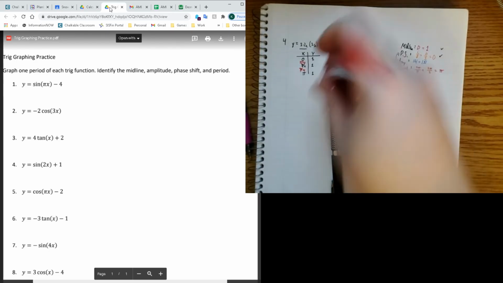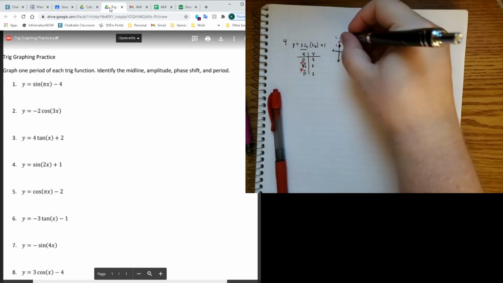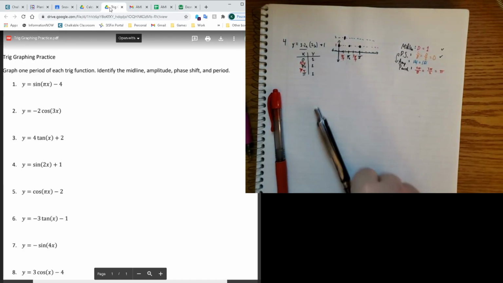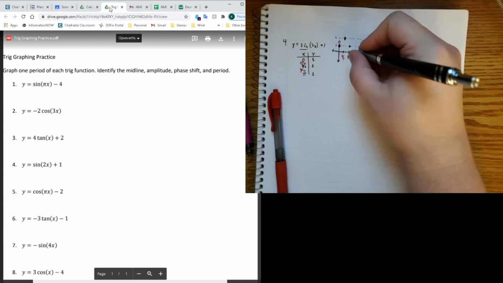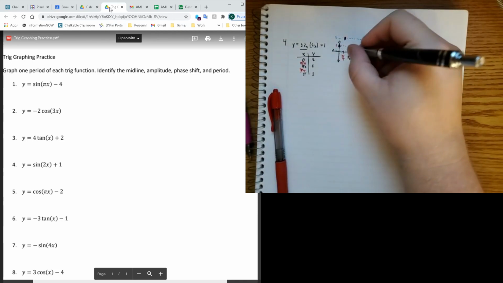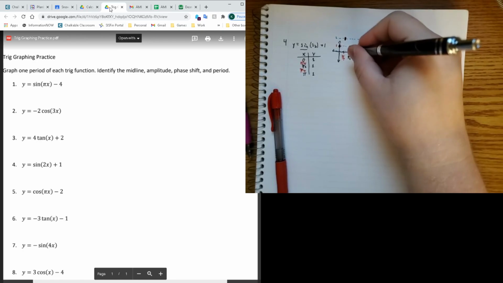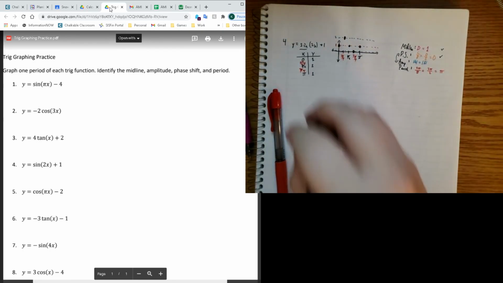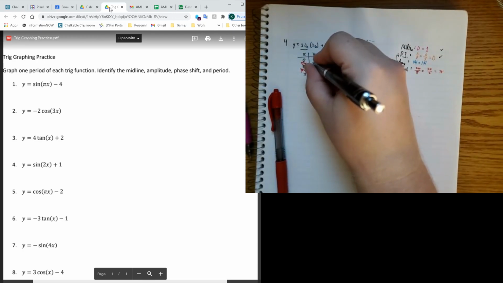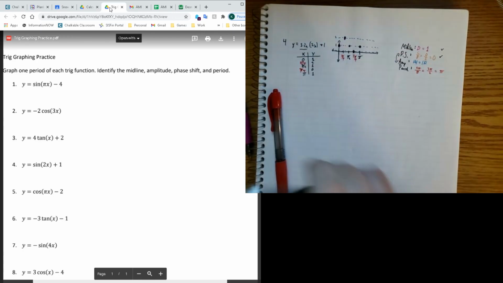So my dot goes right here. And then at 3 pi over 4, the second point of interest, it'll go down the amplitude. So my amplitude, remember, is down here on the axis. It'll go right there, halfway in between these 2 points. So the top one will be at 2, the bottom one will be at 0.